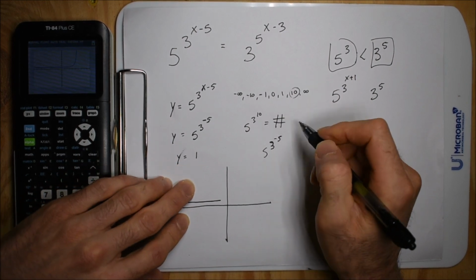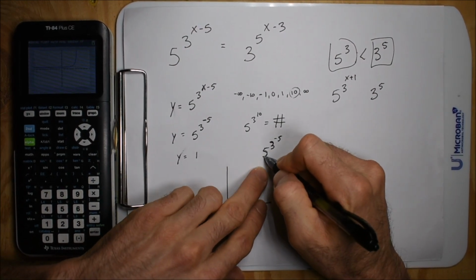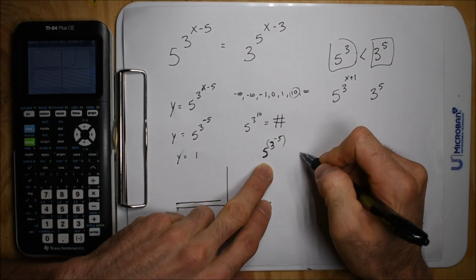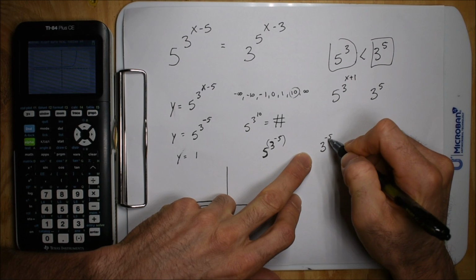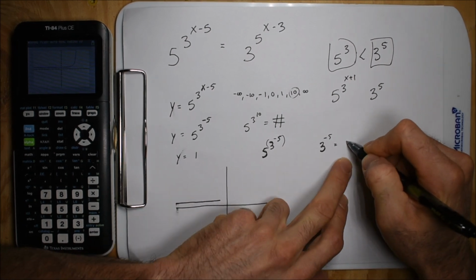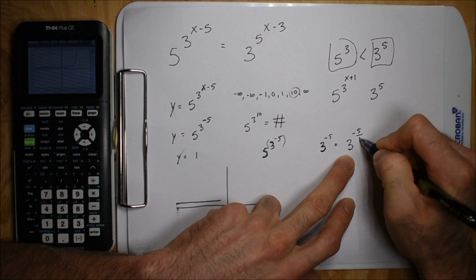Now why is this? Is that because this is a small number? So let's just do 3 to the negative 5. Sometimes I like to write this as 3 to the negative 5 over 1.